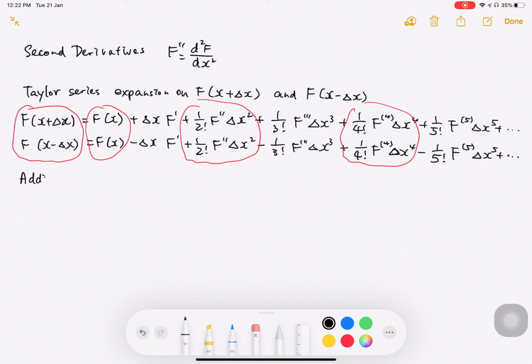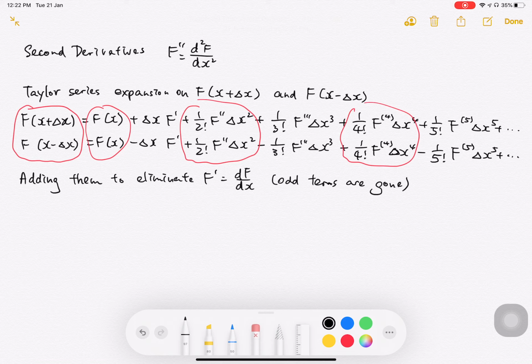So we add them to eliminate f prime. What is f prime? The odd terms are gone. Odd terms are here.